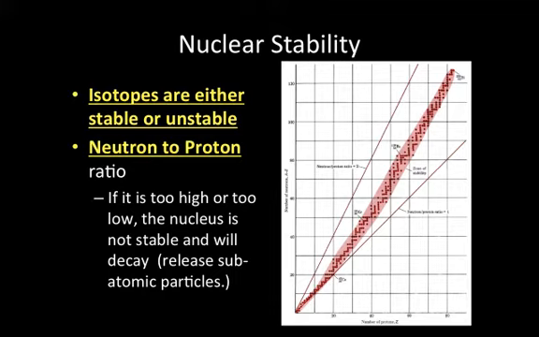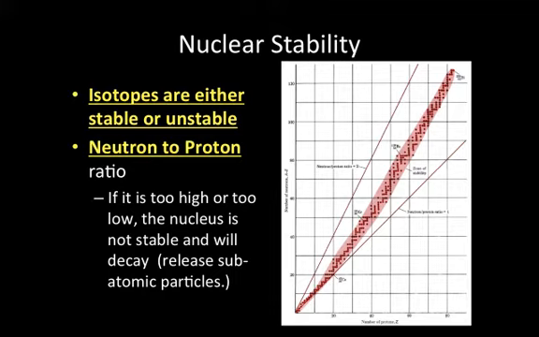The purpose is to understand that isotopes are either stable or unstable. If they're unstable, they're going to release some protons or neutrons so that they can become stable, very much like how a Lego model will break apart into pieces until it becomes stable so it won't break apart anymore. If you look at the chart here on the right, it shows there's a zone of stability, a ratio of neutrons to protons.